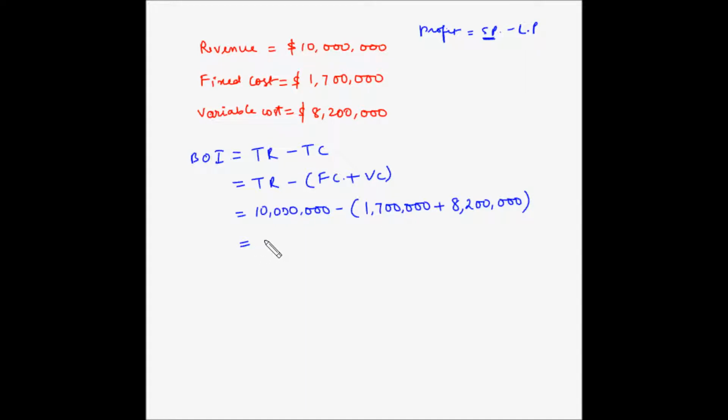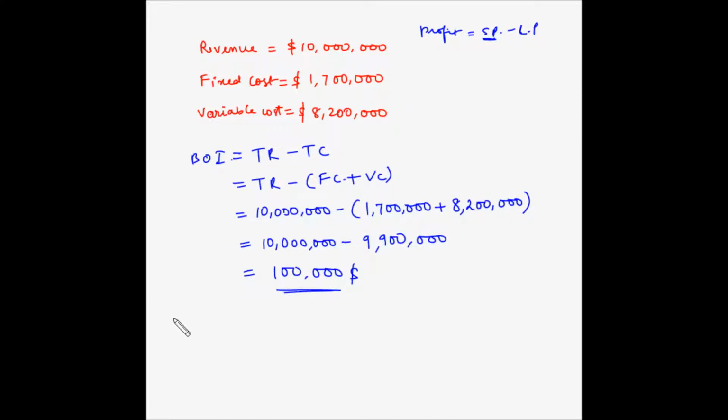So this is equal to $10 million minus, and this is 7 plus 2 is 9 and 8 plus 1 is 9, so $9.9 million. So this is equal to $100,000. So this is the current budgeted operating income based on these numbers.